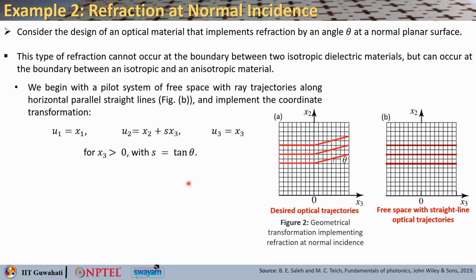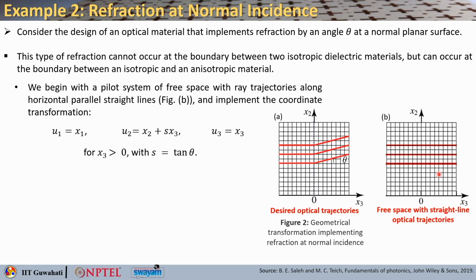So, to begin with, you take a pilot system of free space with ray trajectories shown as horizontal parallel straight lines, and then you can implement the coordinate transformation that can give you this kind of refraction or bending of the rays.